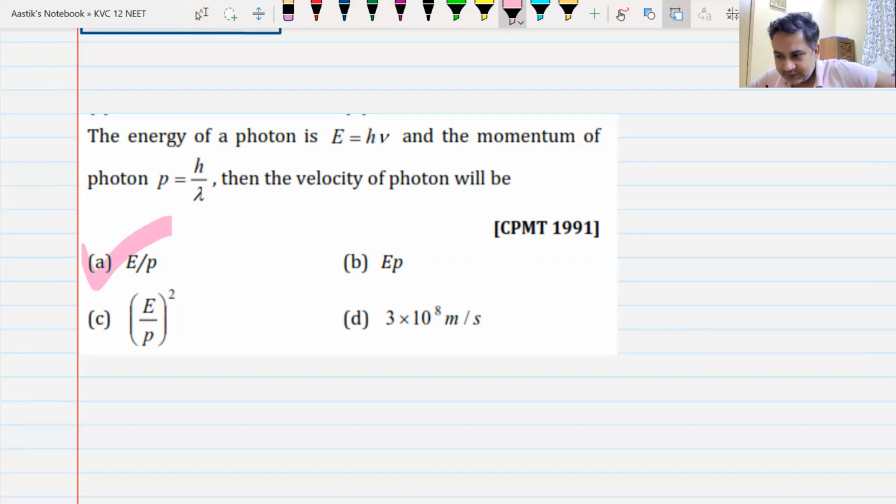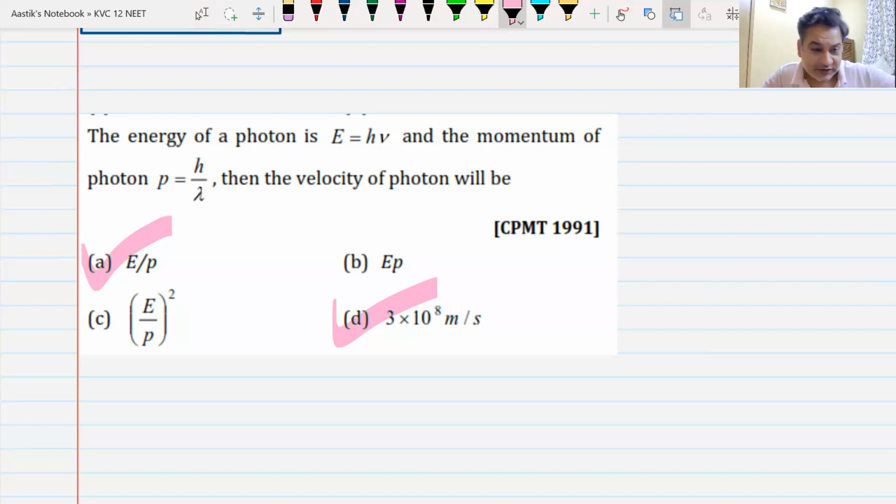Have you seen this? Yes, sir. But the answer is also this, sir. Many times, questions that have come in previous year papers have flaws like this. Photons always move with the speed of light, so the answer is also that. So what will be the primary answer? I don't know, I would mark both.